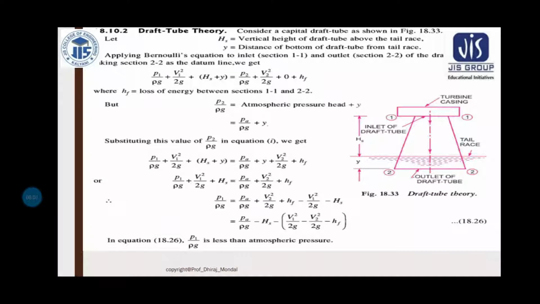What is Bernoulli's equation, and what are the assumptions of Bernoulli's equation? I think you know it, because we know that P by rho g is the pressure head, since P is equal to rho g h. So the head is h equal to P by rho g, and the kinetic head means the velocity head, that is V square by 2g.